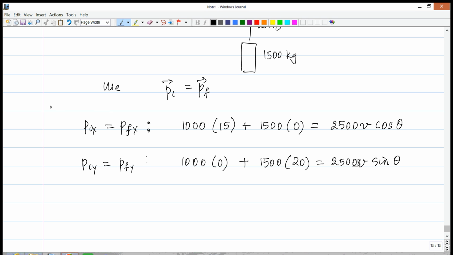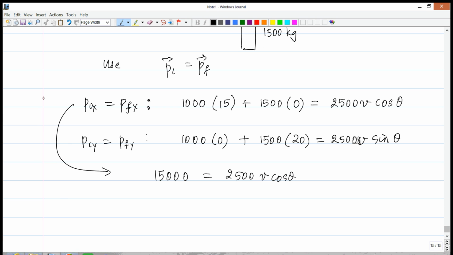The first equation gives me 15,000 equals 2500 v cosine theta, and the second equation gives me 30,000 equals 2500 times v sine theta.